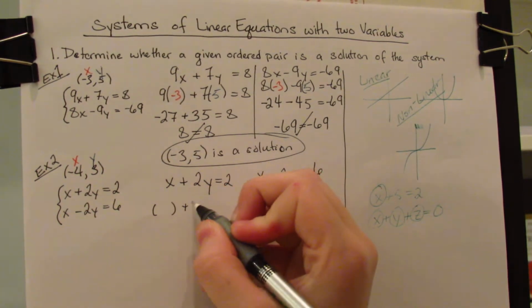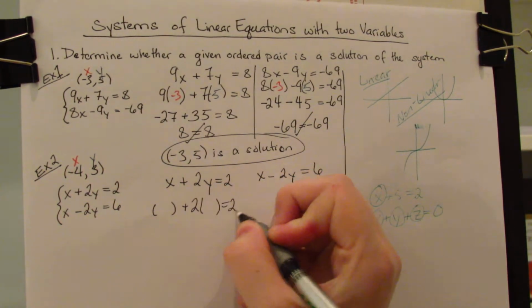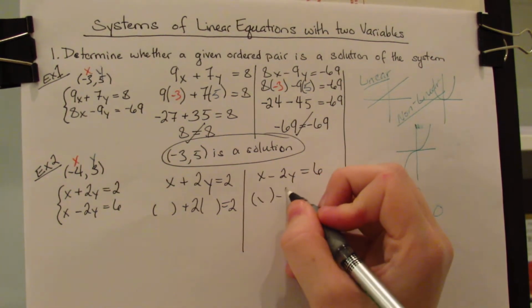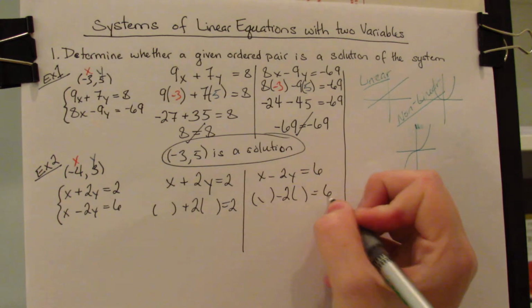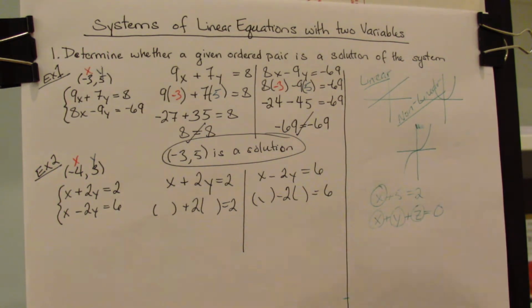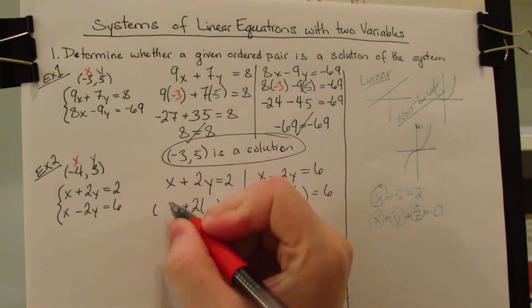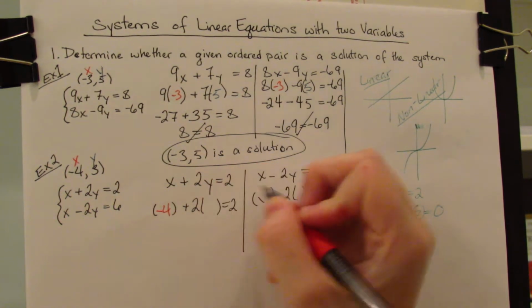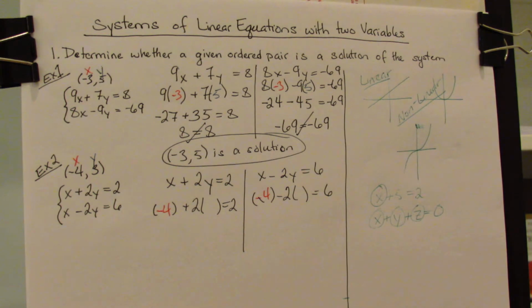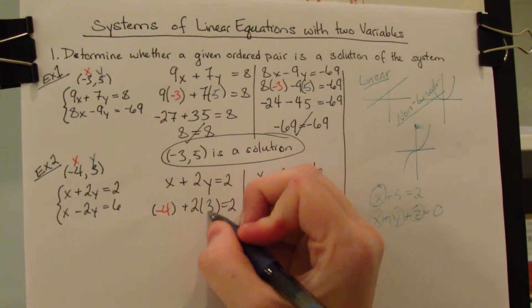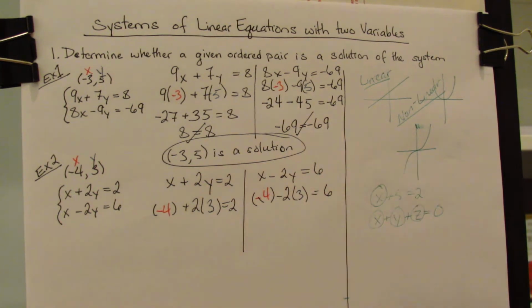And again, we just want to plug them in and see if they hold true. We had -4 this time, so -4 for both of those. All right, this is a new example, forget the last one. And our y is 3.